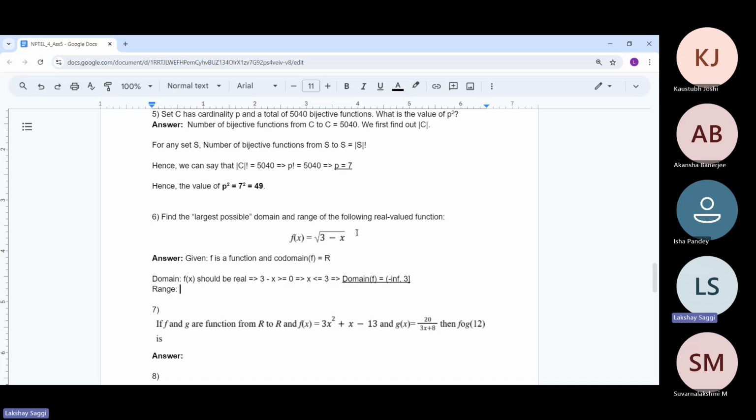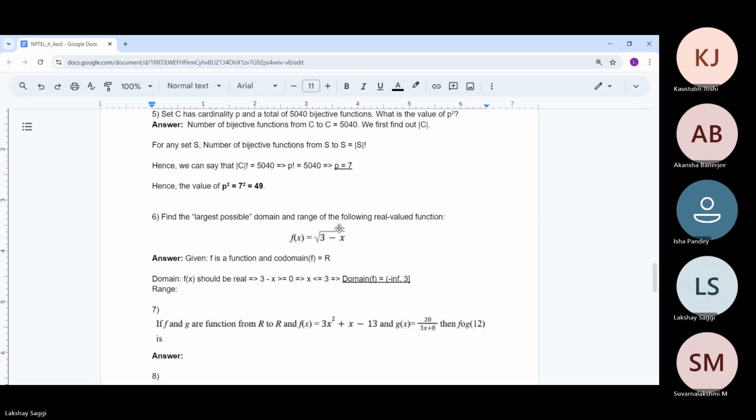The square root function is never negative, right? The square root function has this property that even if we say root 4, we only mean plus 2. Root 4 does not mean minus 2. Root 4 is always equal to plus 2. Root of a number x is always equal to the modulus of the square root of x.